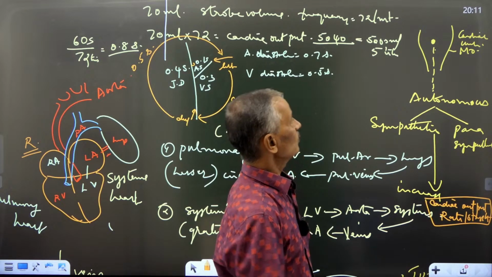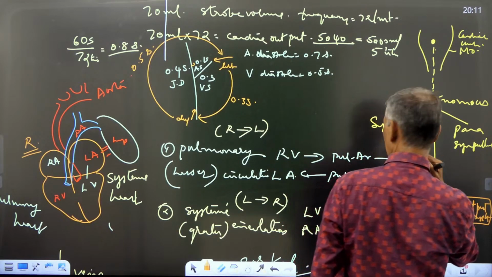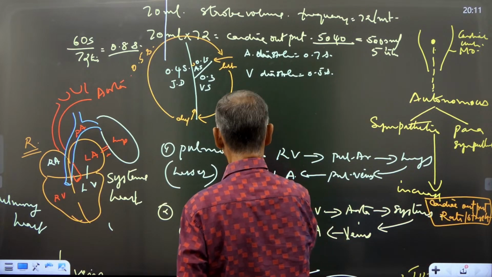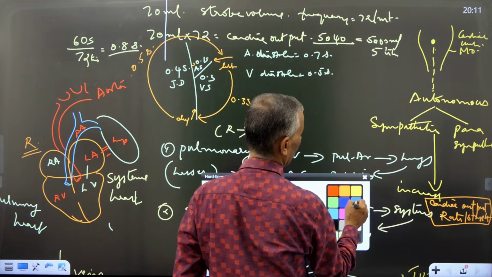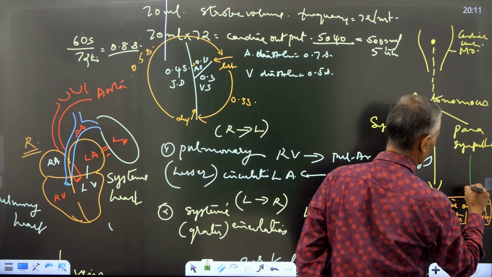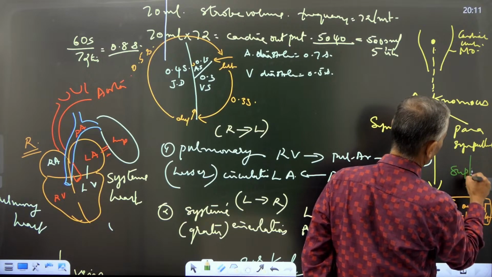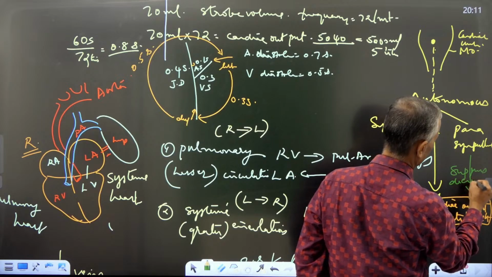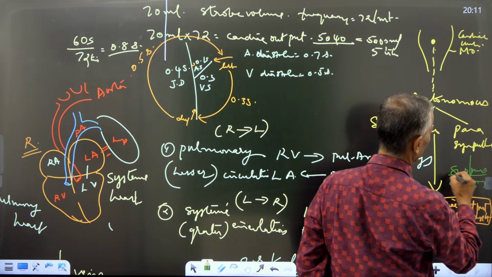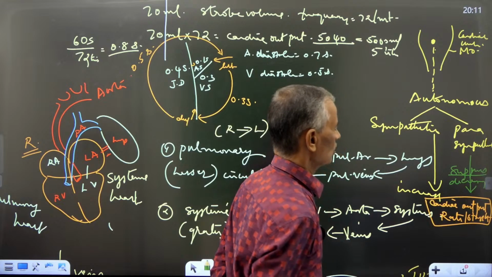Whereas if the signals are activating our parasympathetic system, this parasympathetic system will be decreasing the cardiac output.